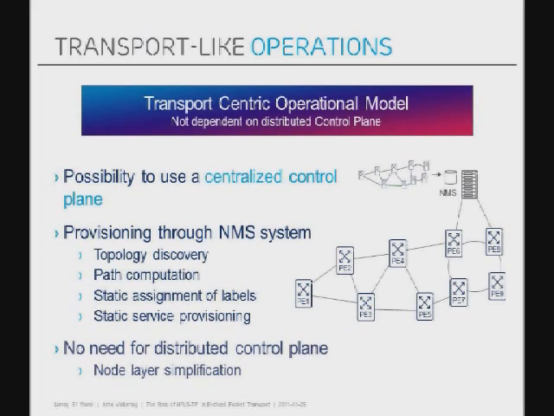So I mentioned transport-like operations. Typically, the existing SONET infrastructures are also managed with an out-of-band NMS system that does the provisioning. This out-of-band NMS system typically has a topology view of the infrastructure, and it uses this topology view to provision the paths throughout the network by contacting every single network element in the path and provisioning the LSP label swapping at that particular point.